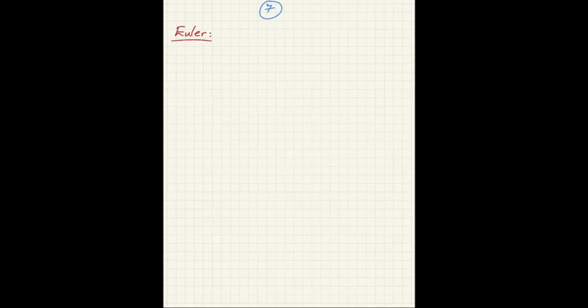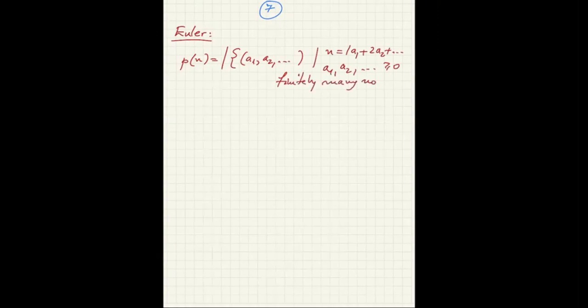Let me rewrite here first that Pn is the number of solutions a1, a2, and so on, with the property that n is 1 times a1 plus 2 times a2 plus so on, where a1, a2 are greater or equal to 0 and finitely many of them are non-zero. This fact has an interpretation in terms of the generating function of the partition number.